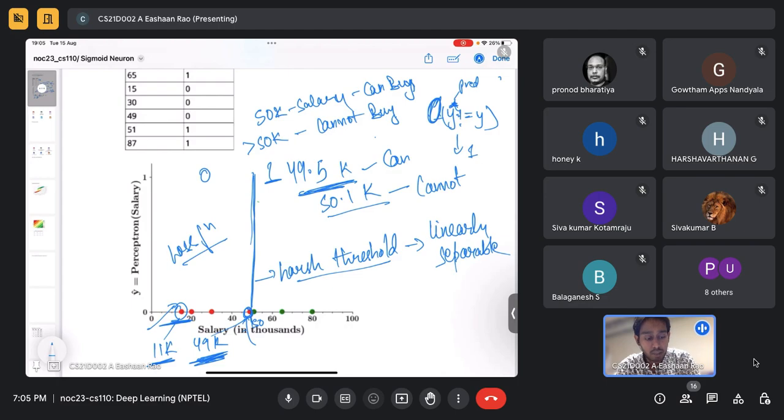This is a typical loss function: if y hat is equal to y, I am getting the same output as the ground truth, so I am giving 1, otherwise I am giving 0.